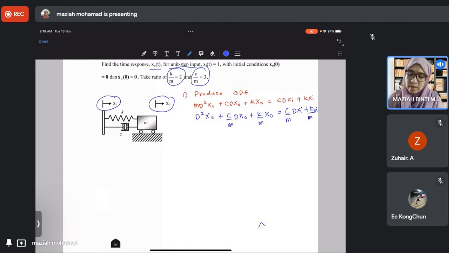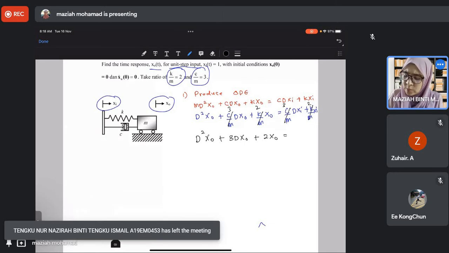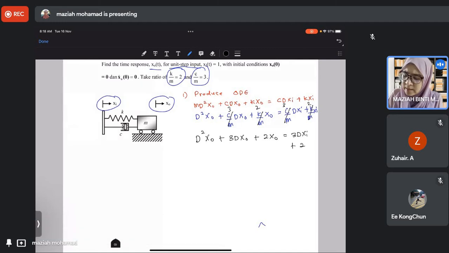Okay, so therefore we will get, c over m is 3, k over m is 2. Therefore we get d square x naught plus 3 d x naught plus 2 x naught equal to 3 d xi plus 2 xi.